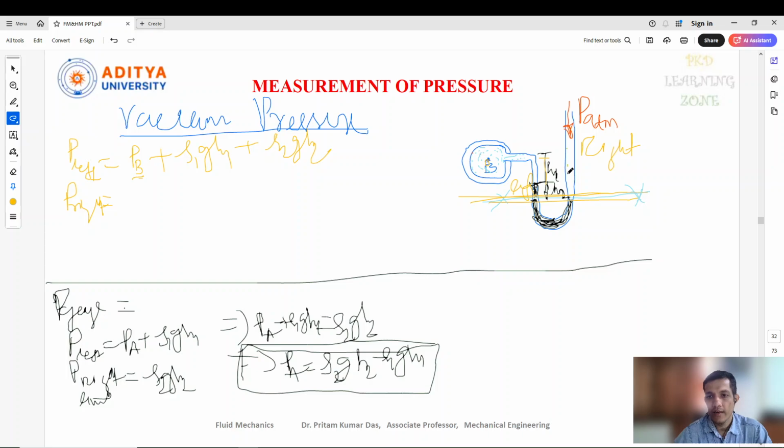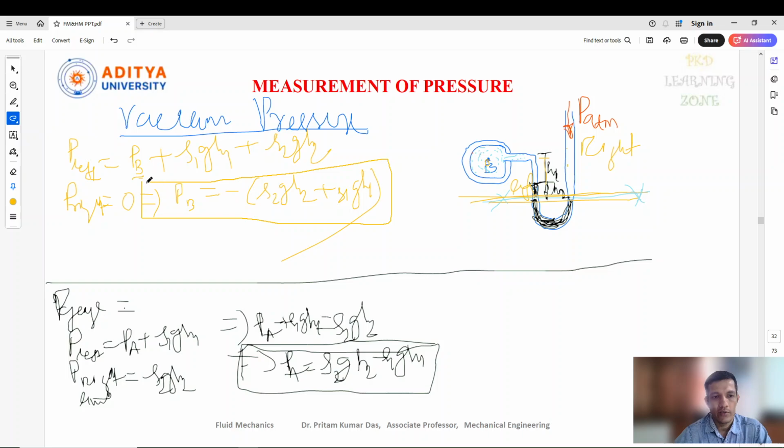The right side pressure will be nothing, because this is the vacuum pressure condition, which is lower than atmospheric. So the right side pressure will be 0. Equating the two sides, PV equals minus of rho 2 G H2 plus rho 1 G H1, because when we take both terms to the other side it gives a minus value.